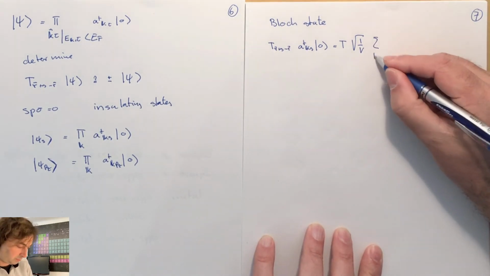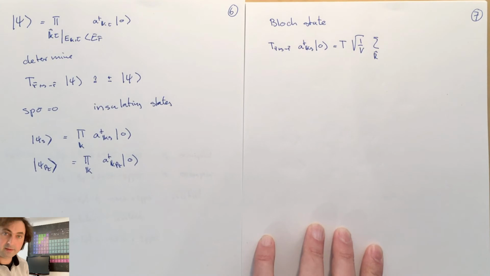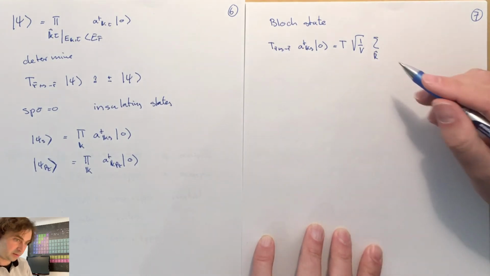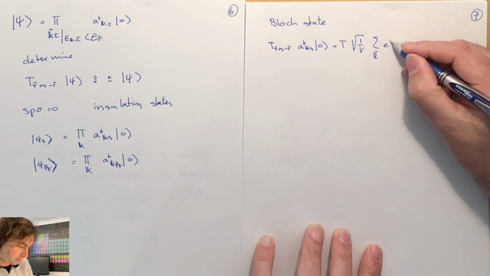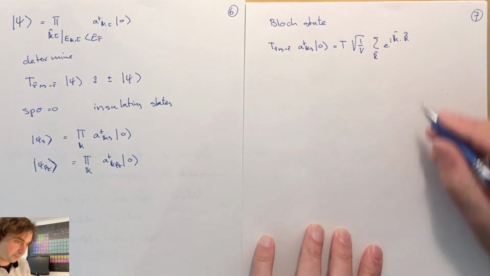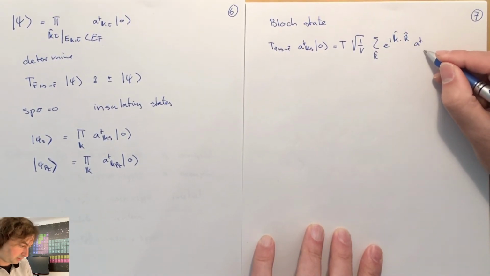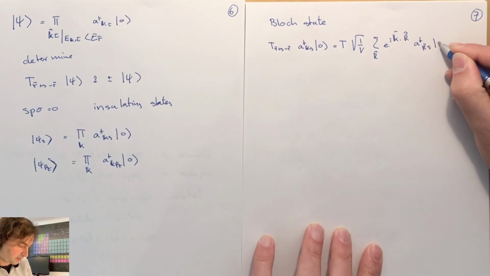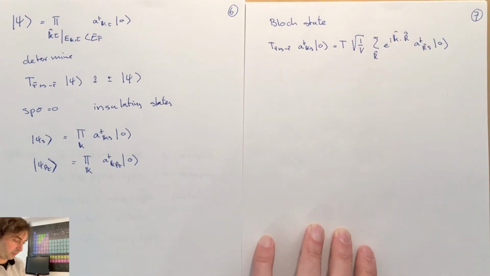Some authors like to write N there. The sum over the unit cells, e to the i k·R, a†_{R,s} out of the vacuum.